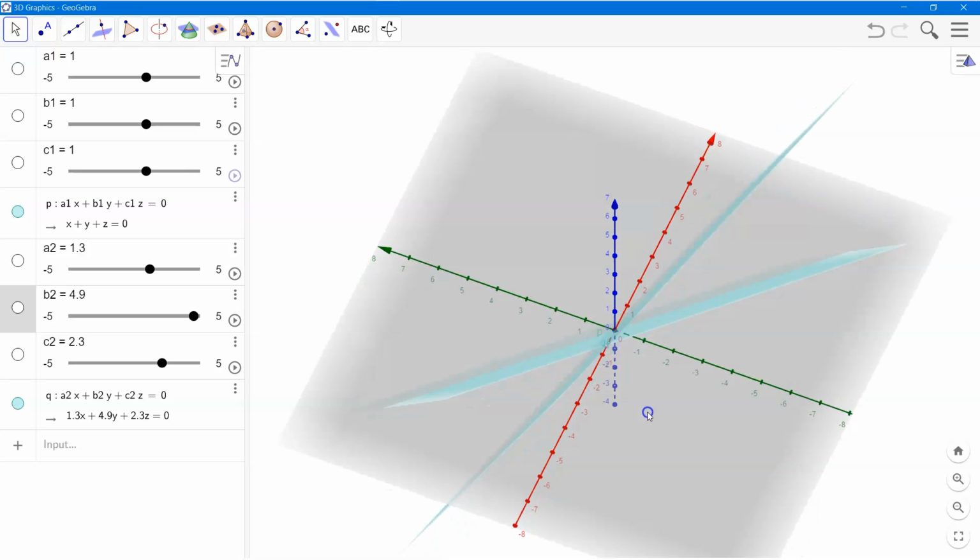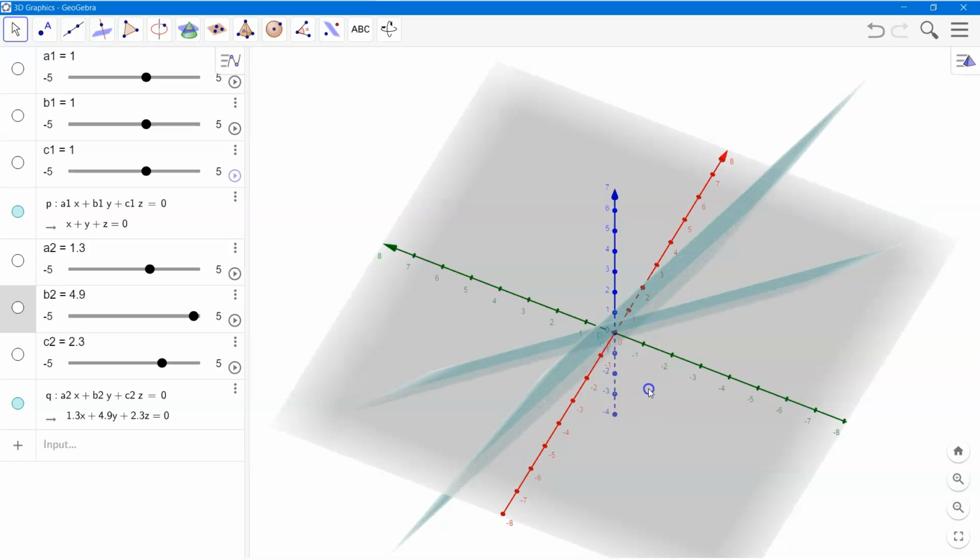Now instead of trying to figure out the angle between these two planes, let's draw the normals to these planes, which will be a line. So normals would be, remember, the coefficients of this x, y, and z is the direction ratios of the normal to the plane.